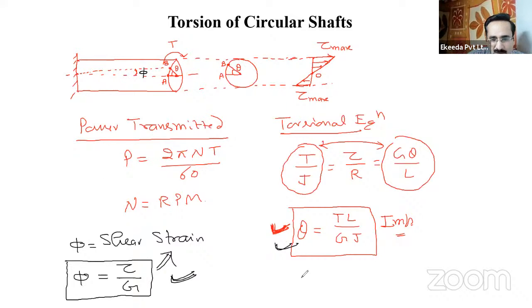So these are the formulas which will be used here. And J, already we have discussed that J will be given by pi by 32 d to the power 4 for a solid shaft.